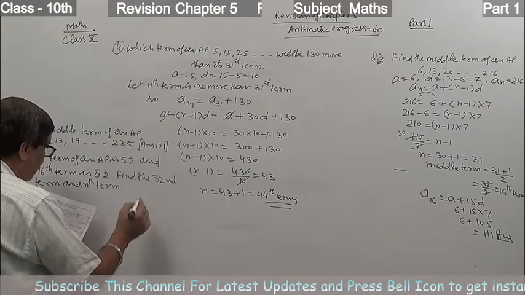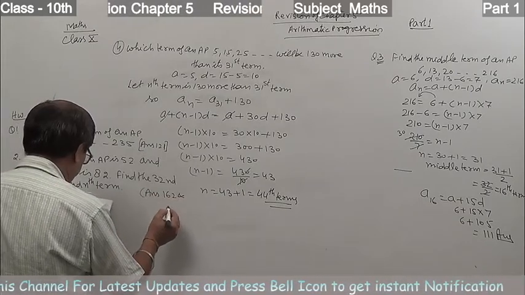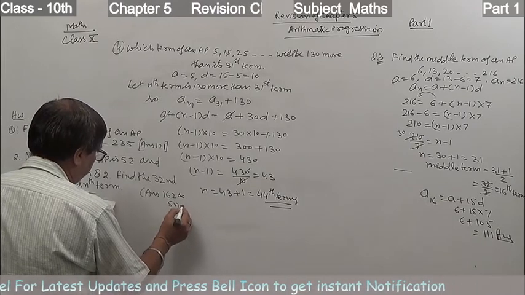Their answers will be 162 and 5n plus 2.